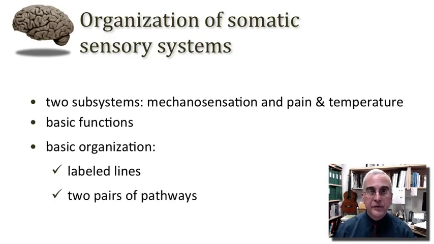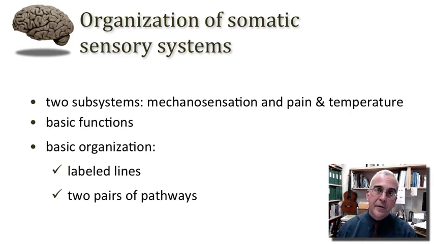Another basic feature of the organization of the somatic sensory systems is that we have multiple pathways that are spatially segregated within the central nervous system. So if there are labeled lines, you might wonder, well, where are those lines as they run through the CNS? And that's the question we're going to address as we go through this discussion of our somatic sensory systems, including the anatomy of those systems.